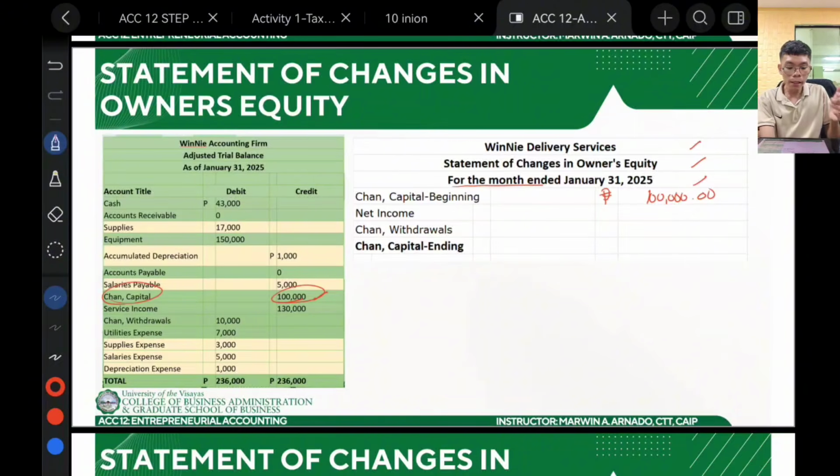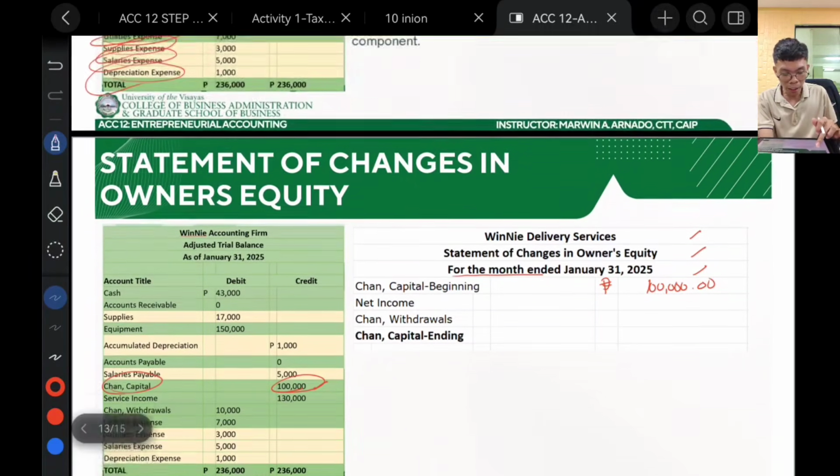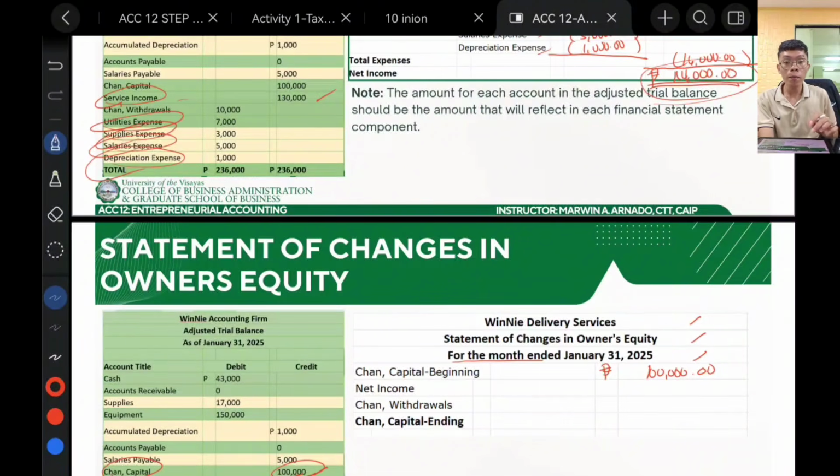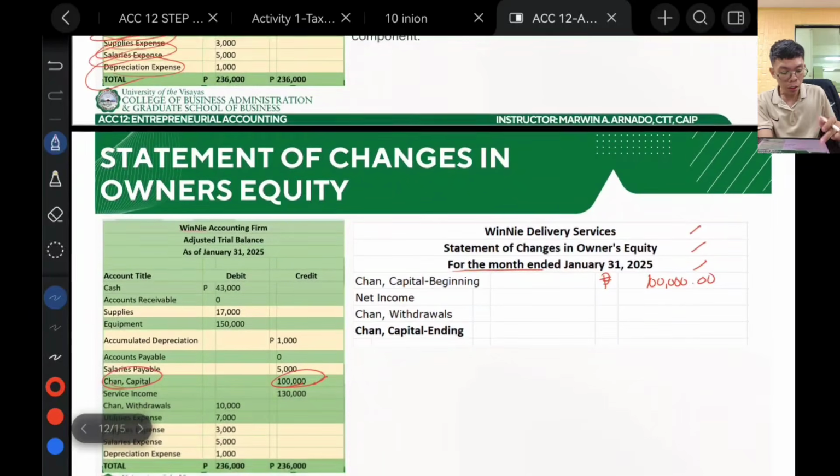Okay. Next, net income. Where do we find the net income? That's actually what we have computed earlier sa income statement. Kanisiyang 114,000. So the net income will be used then to your statement of changes in owner's equity. That is 114,000.